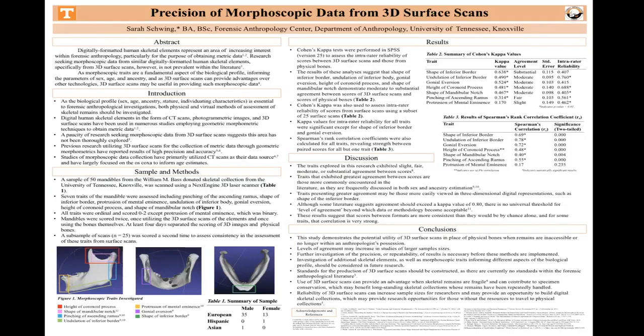the mandible isn't routinely used in sex or ancestry estimation, so these are just traits that I have been looking at. Because the cranium is routinely used in sex and ancestry estimation, we're a little bit more familiar with that element, and the morphoscopic traits that we use for the cranium are routinely cited in all kinds of forensic anthropology texts.